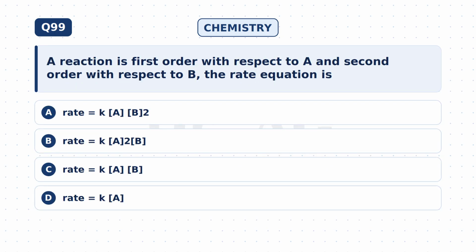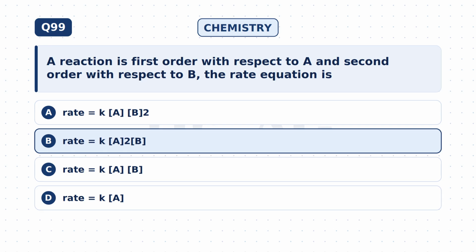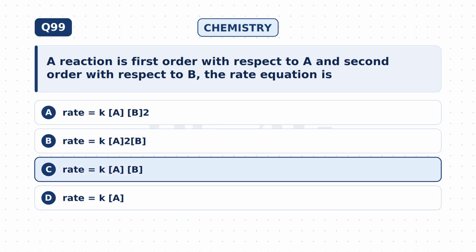Question 99. A reaction is first order with respect to A and second order with respect to B. The rate equation is. Option A, rate equals k[A][B]2. Option B, rate equals k[A]2[B].